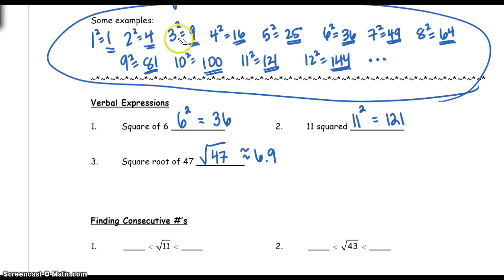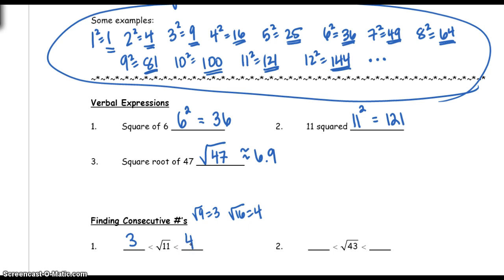So if the square root of 9 is 3, and the square root of 16 is 4, then the square root of 11 falls in between 9 and 16. And if it falls between 9 and 16, then the square root of 11 must be somewhere between 3 and 4. So this is going to be between 3 and 4.